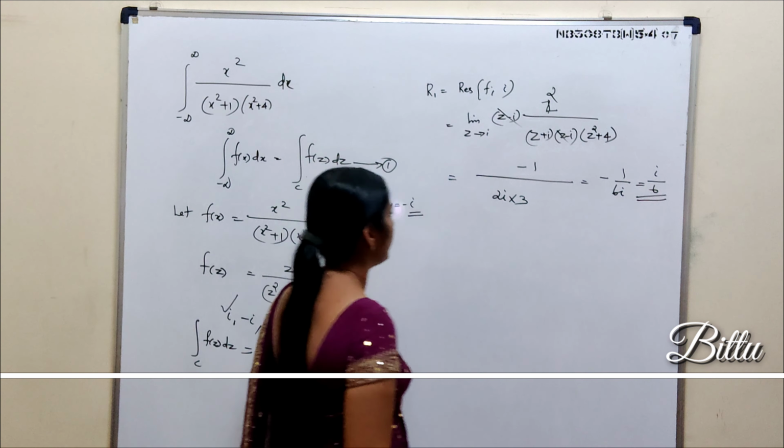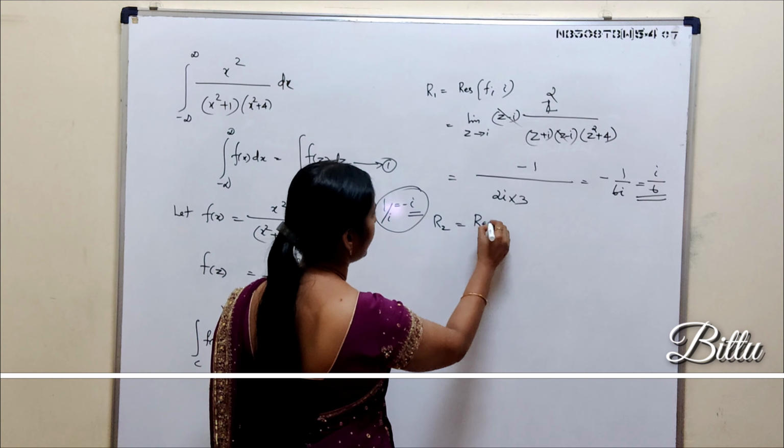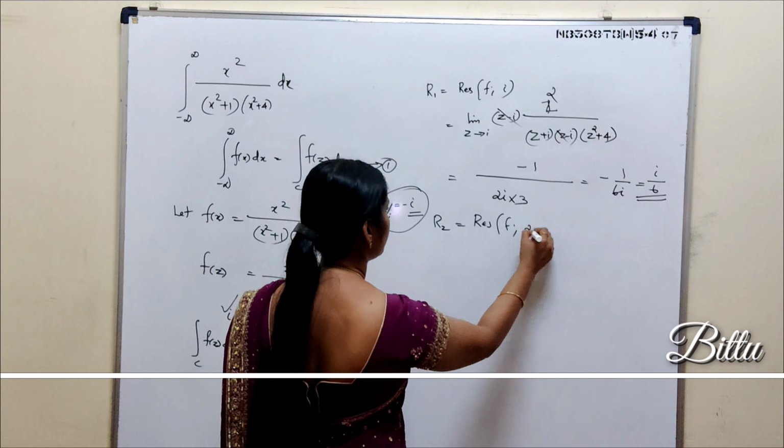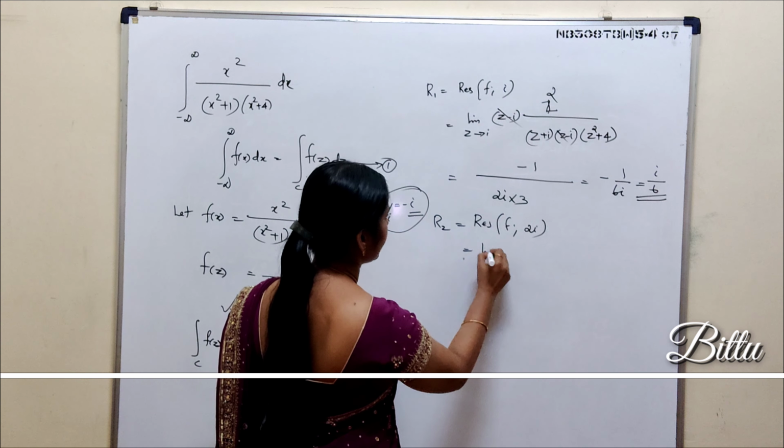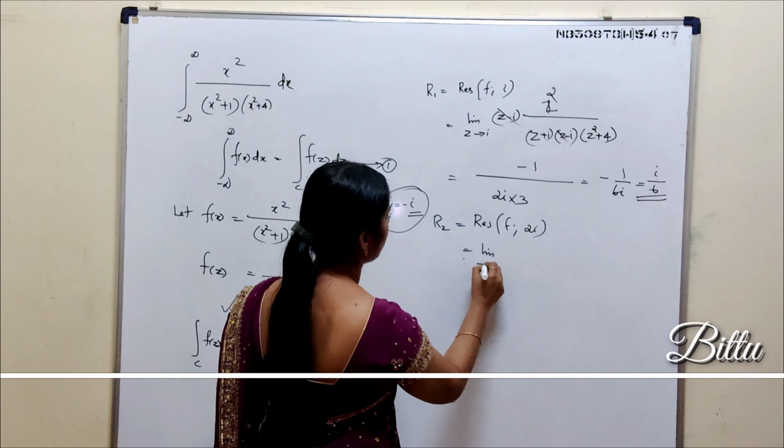Similarly, evaluate R2. R2 is the residue of f at 2i. That is, limit z tends to 2i of (z minus 2i) into z square by (z square plus 1)(z plus 2i)(z minus 2i). You put z equal to 2i.